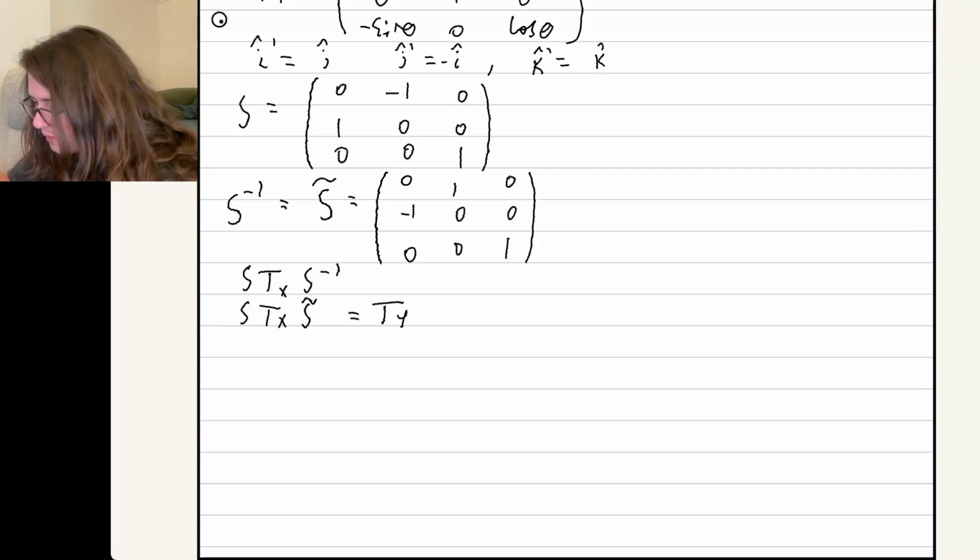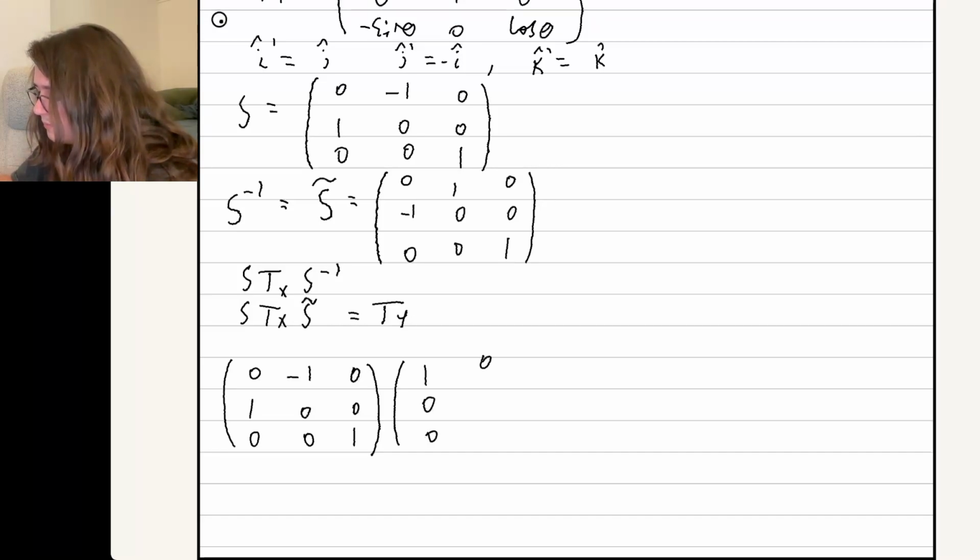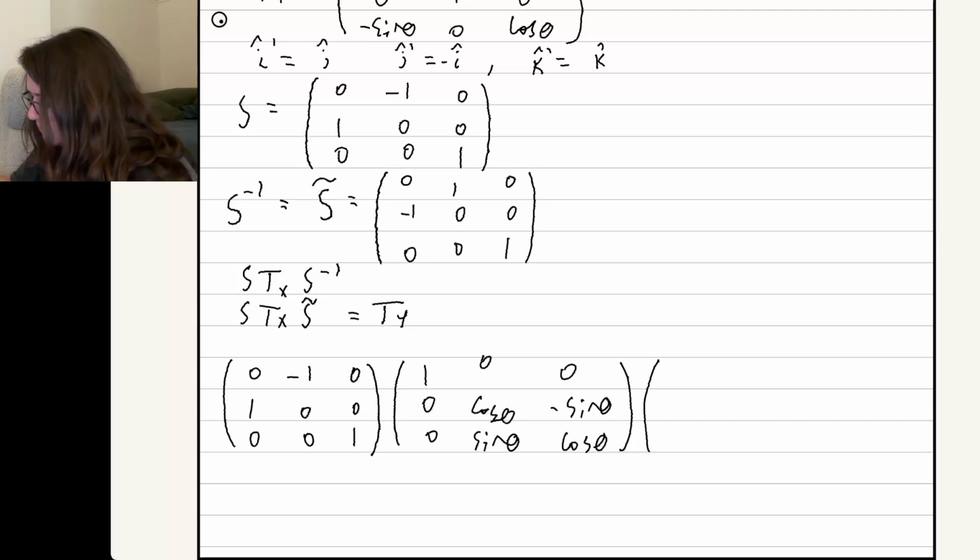So we're going to line these matrices up. S was 0, 1, 0, minus 1, 0, 0, 0, 0, 1. T sub x was 1, 0, 0, 0, cosine theta, sine theta, 0, minus sine theta, cosine theta. And then the transpose of S ended up being 0, minus 1, 0, 1, 0, 0, 0, 0, 1.